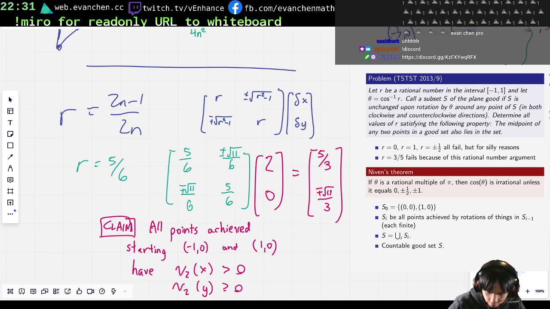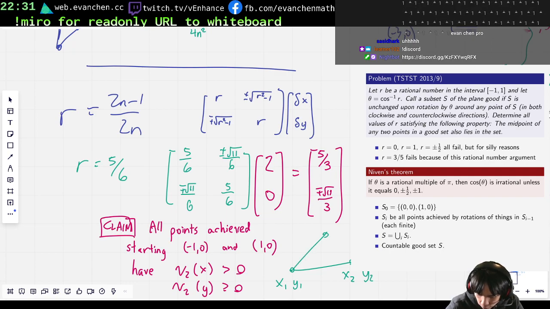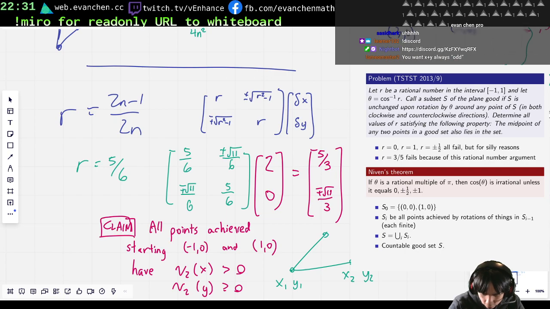Right, and the reason is that if I go from x1, y1 to x2, y2, I rotate, then the new pointer's coordinates, the new x coordinate is x2 minus x1, y2 minus y1. Here's my rotation matrix.